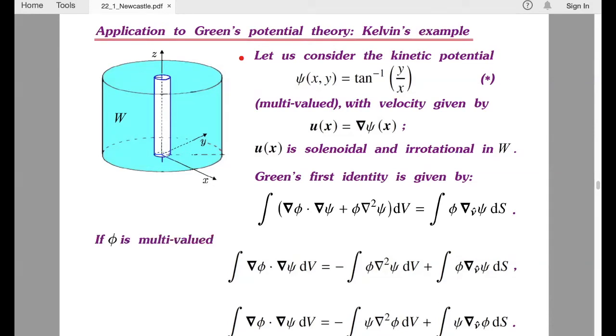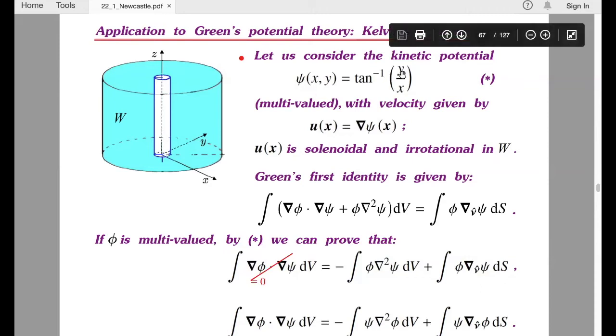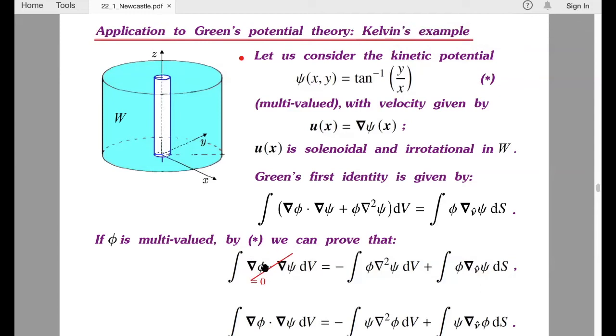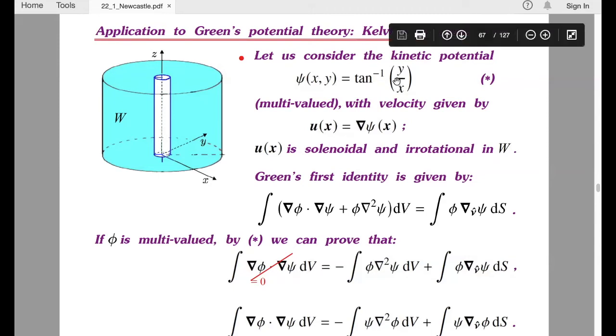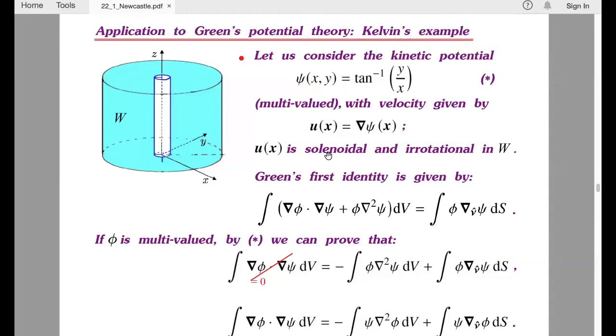Now, if phi is multi-valued, then by using this expression here, we can work out this scalar product, and we can prove that this scalar product, whatever phi is, goes to 0. Moreover, again by using this expression, we can work out the Laplacian of psi. Remember that U is solenoidal, and so if you take the div of the grad of psi, this is a Laplace equation equal to 0.